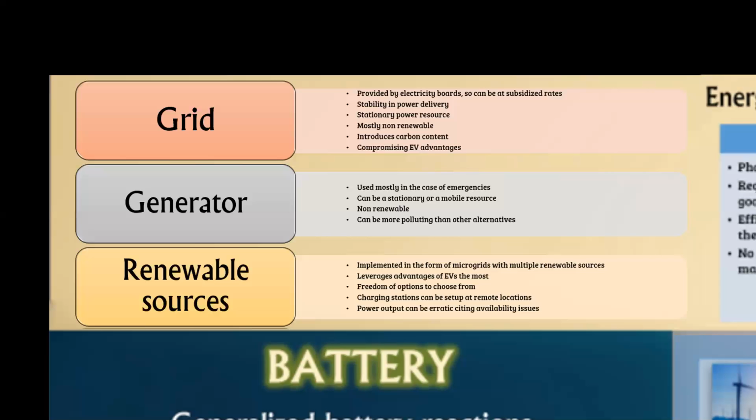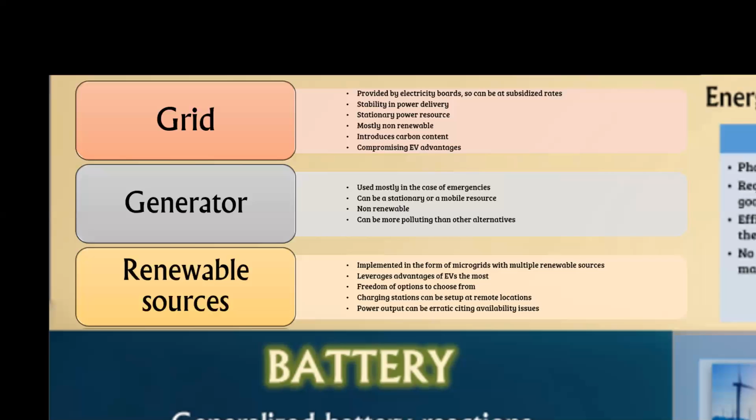The other thing is that it is a stationary power resource, so you can only charge at specific locations.